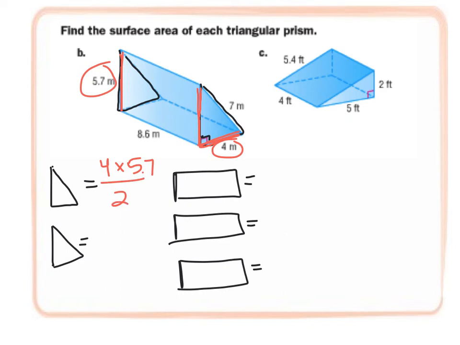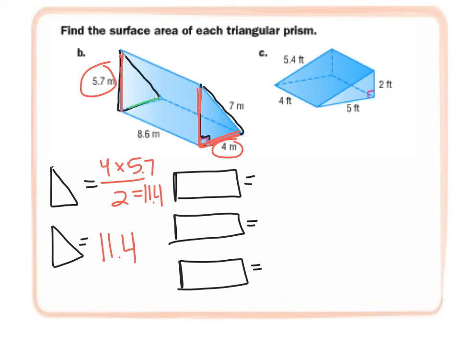Now I'm going to plug that into my calculator, and I'm going to type it as 4 times 5.7, press the equal sign, then divide by 2. And I get 11.4. So this equals 11.4. That means this triangle equals 11.4. Perfect.